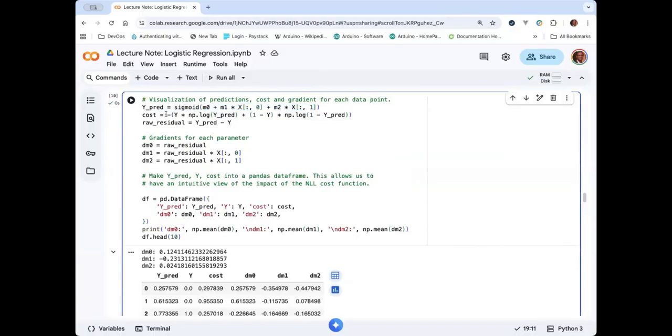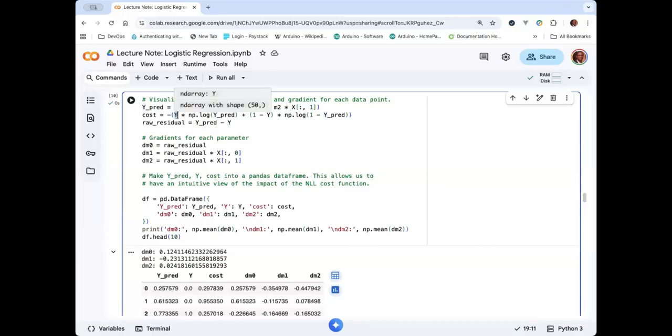And then I use the negative log likelihood to calculate the cost, which is minus y. This time we're using what I'd call a half vectorized format. It's not fully vectorized; it's column format. So this y refers to all the data points.